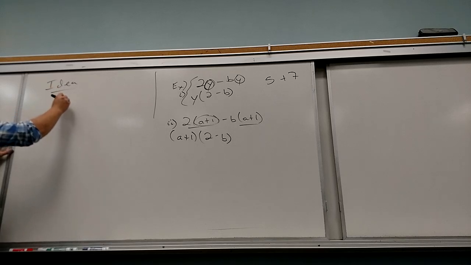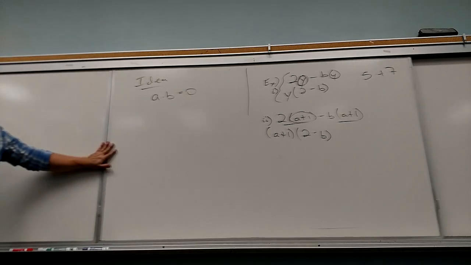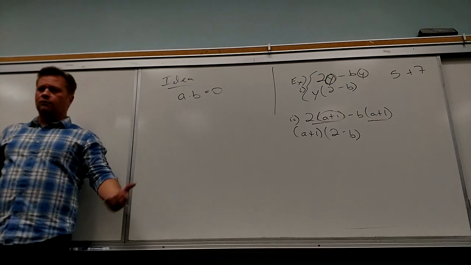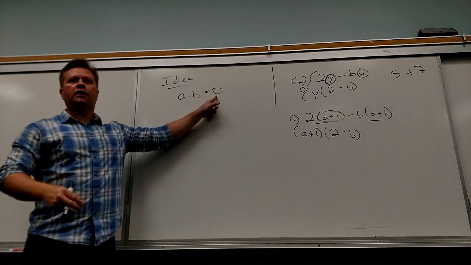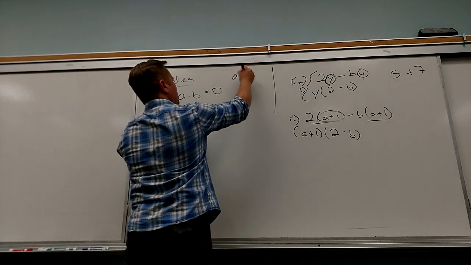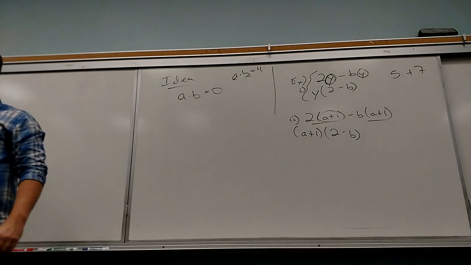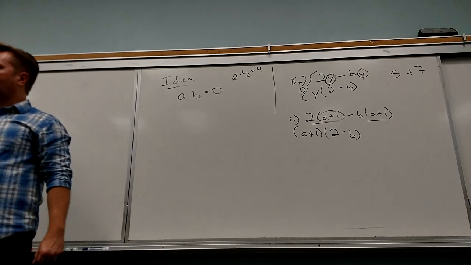If I had a number times a number, and I know the answer is 0. So if I multiply two numbers together, and the answer is 0, what's got to be true about at least one of the numbers? If I put any other number there, if I knew a times b was 4, do either one of these have to be anything? Give me two numbers that multiply to 4. 2 and 2. What about 4 and 1?